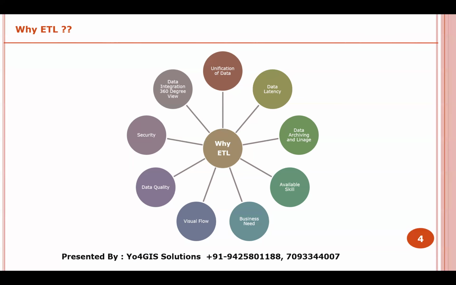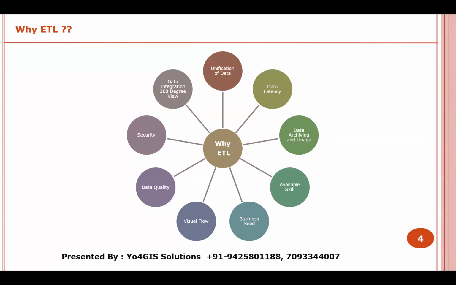So the first work is we need to extract the data from different sources. So the first thing is the extraction. Once we extract all the data, after that we need to define some logic. We need to write some process for transformation.